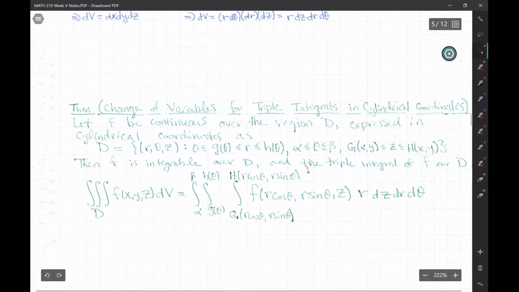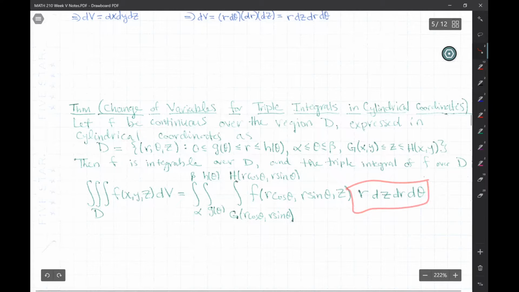Some things to pay attention to is that these bounds were gotten by the description that we gave of D above, and that for our function, anywhere we see an x in our function, we would plug in r cosine theta instead. Anywhere we see a y in our function, we plug in r sine theta. And anywhere we see a z in our function, we plug in z. Okay? That's what that means there.